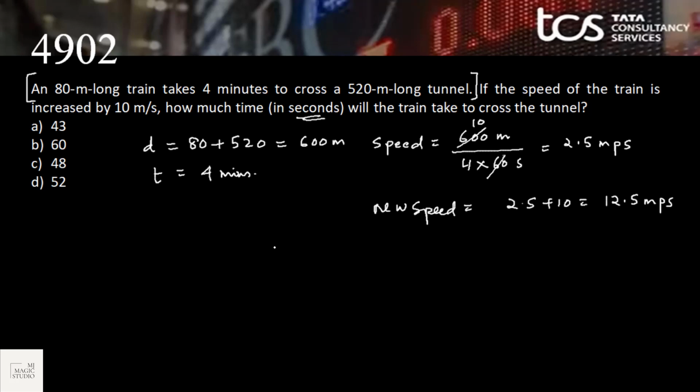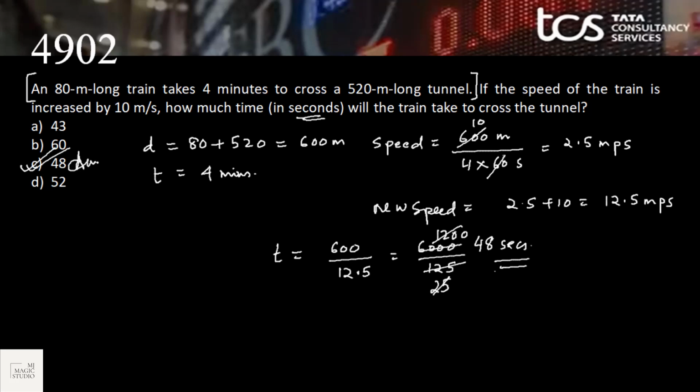You are looking for t. t equals distance by speed, so that is 6000 by 125. This will go 1200, 4 into 12 is 48. 48 seconds. It will take 48 seconds for the train now to cross the tunnel. Option C is the pick.